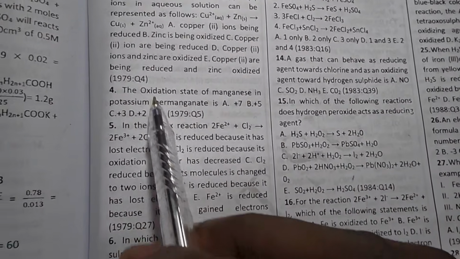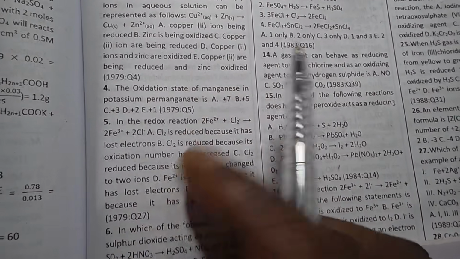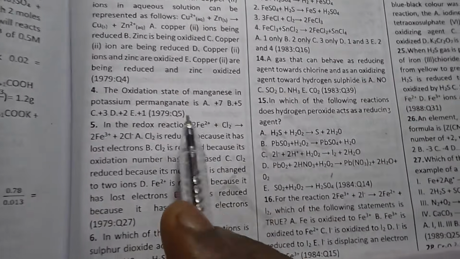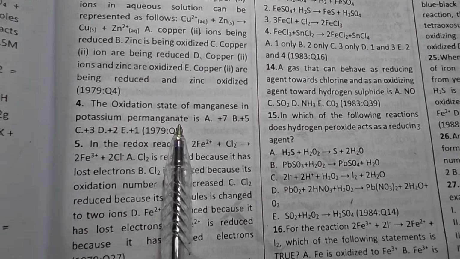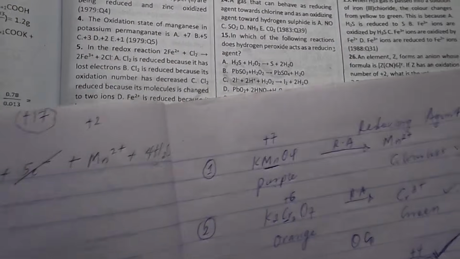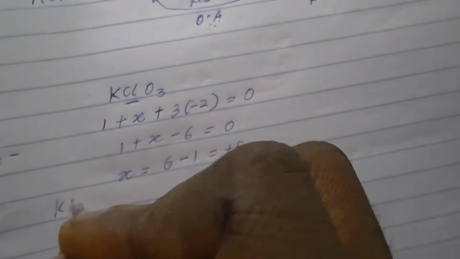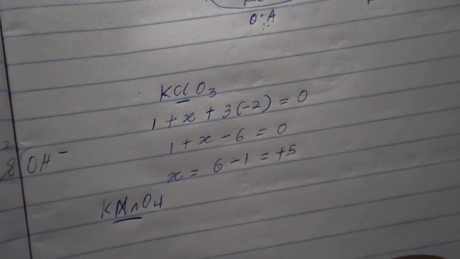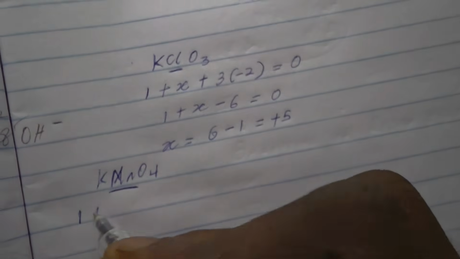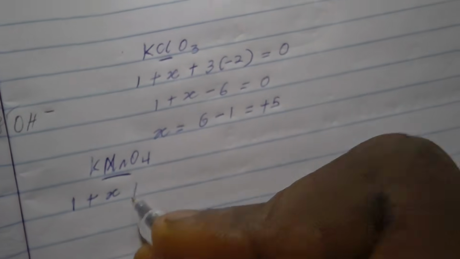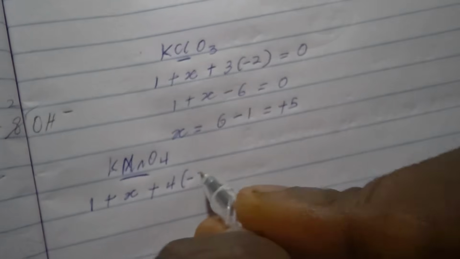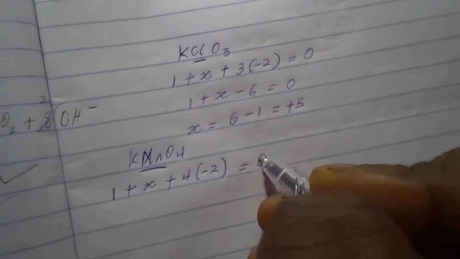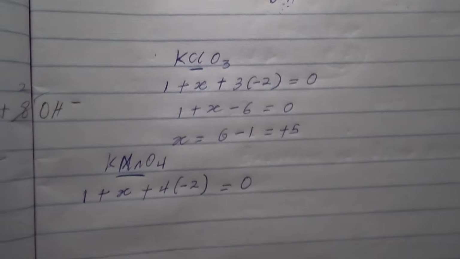So number 4, the oxidation state of manganese in potassium permanganate. So what did I say potassium permanganate is again? That's KMnO4. So that means that you want to calculate for manganese in KMnO4. So to get manganese, this will be 1 plus, let's say manganese is X, plus 4 times -2, because oxygen is -2, and for a neutral compound everything will be equal to 0.